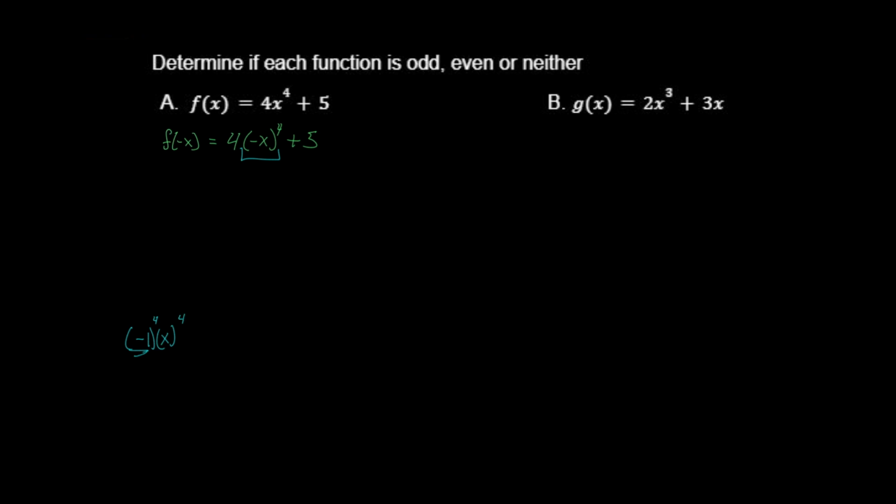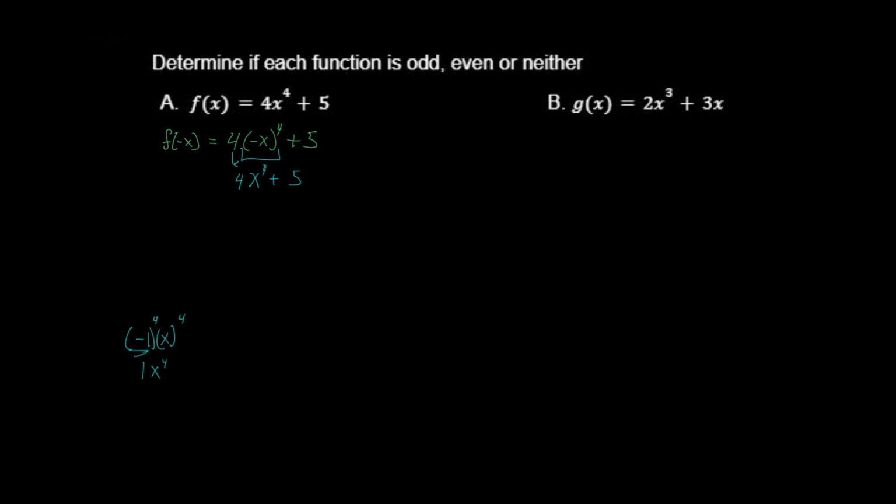Negative 1 to the 4th power is just 1, and x to the 4th power is just x to the 4th. So in other words, negative x in parentheses to the 4th power is just x to the 4th. The 4 comes down, plus 5 comes down. And at this point, we can't simplify this any further.